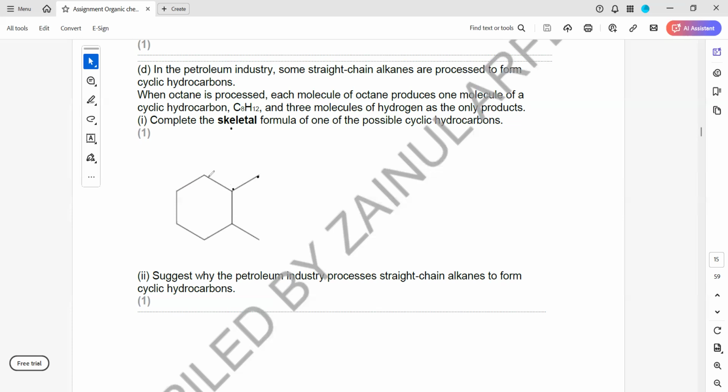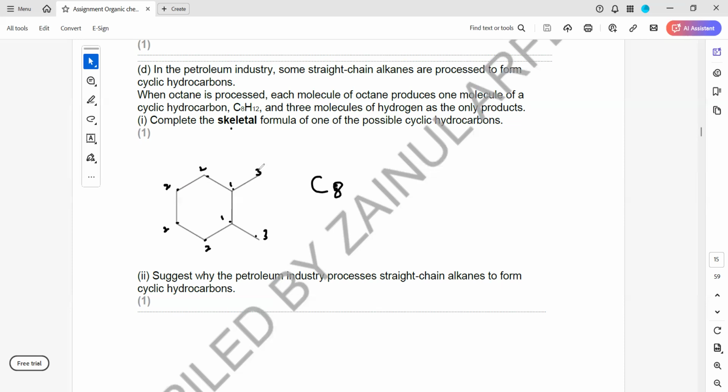If you count 1, 2, 3, 4, 5, 6, 7, 8, this is C8. And how many hydrogens are there? This will be CH3, so 3 hydrogens. This will have 1 hydrogen, this will have 2 hydrogens, then 2, 2, 2, 1, and 3 hydrogens.